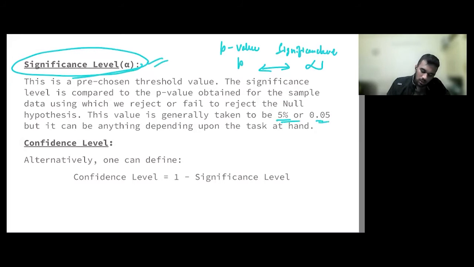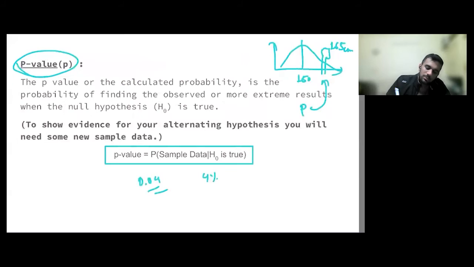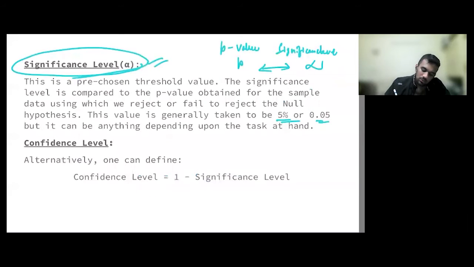So as we learned in the previous slide, for this particular data set, we got a p-value of 0.04. 0.04 is less than 0.05. So what we got here is that the p-value is less than alpha.